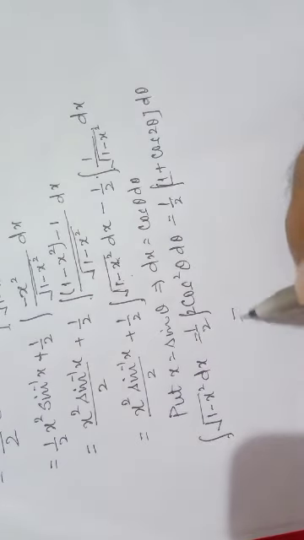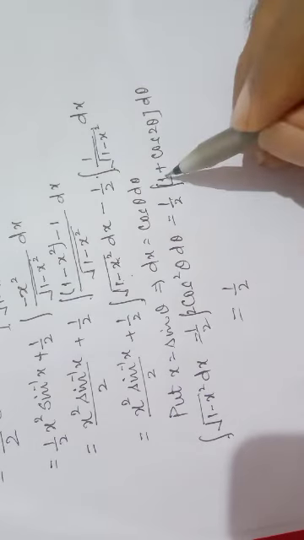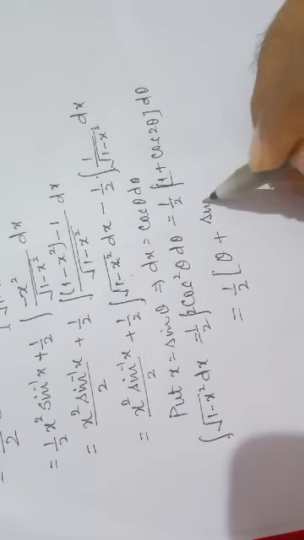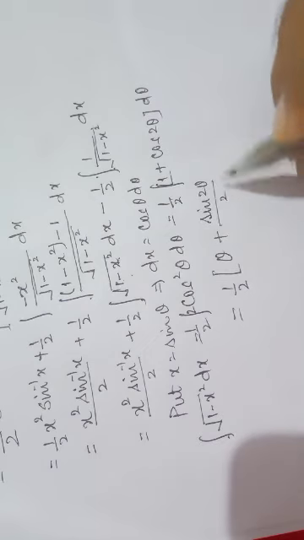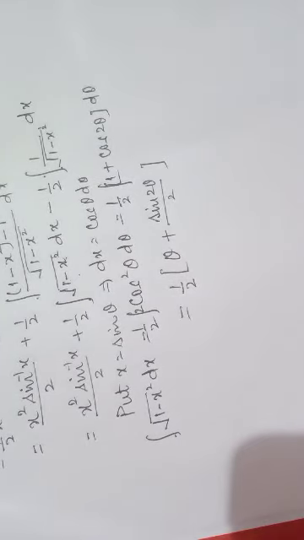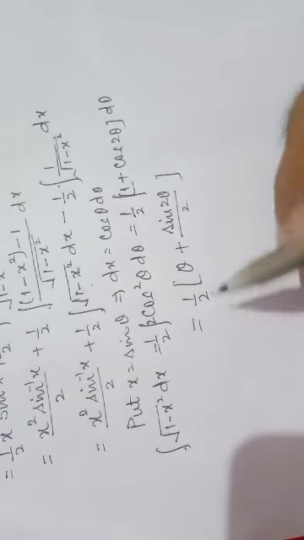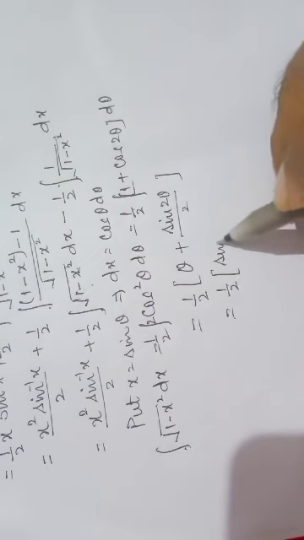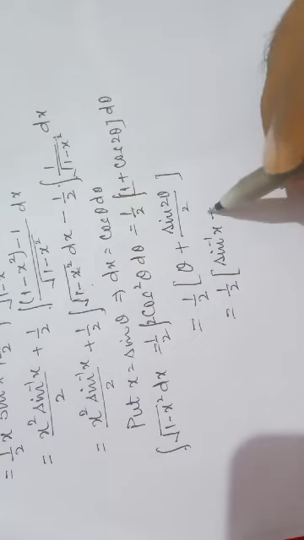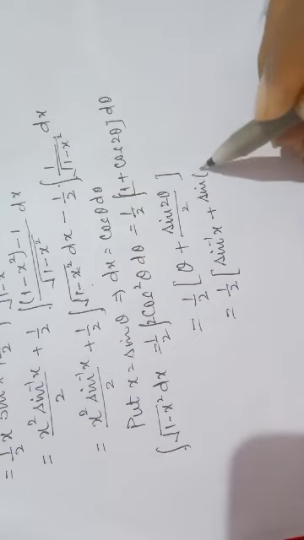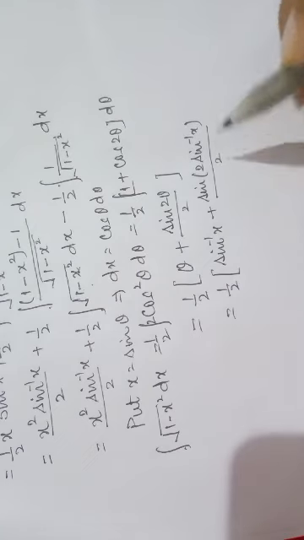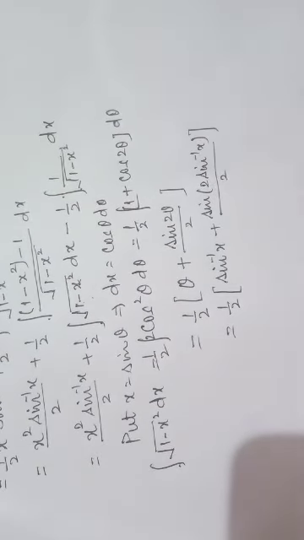Separate them, then integration of 1 will be theta, and integration of cos 2 theta is sine 2 theta upon 2, where the coefficient of theta is 2. Write down the value of theta: 1 by 2 sine inverse x plus sine 2 sine inverse x upon 2. If we simplify further, you may, otherwise you leave it.